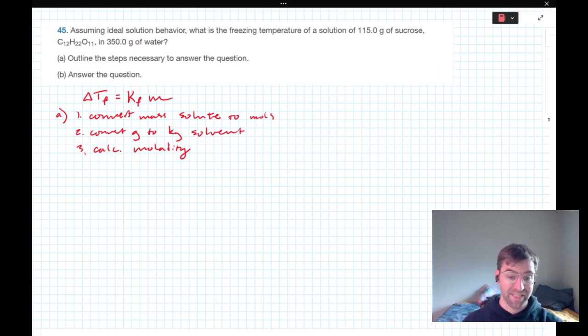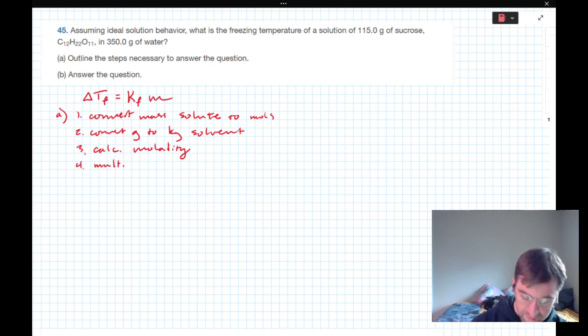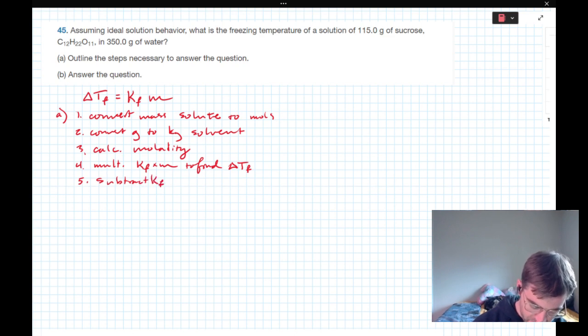We're doing moles per mass now, compared to last week. We will multiply the freezing constant times our molality to find the change in freezing temp. And finally, we will subtract, not Kf, the change in freezing temp from the original freezing point.